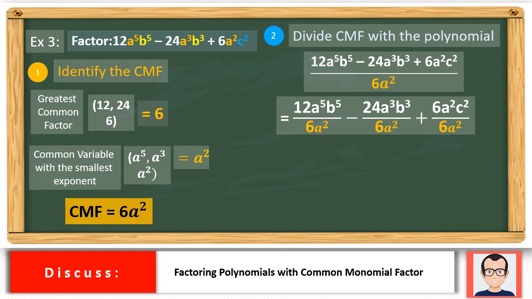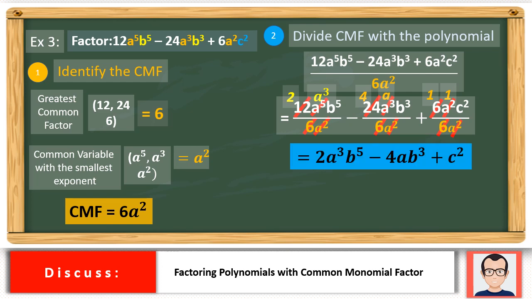For our next step, we work on it by regrouping and then we simplify like terms accordingly. Our quotient will be equal to 2a cubed b to the fifth minus 4ab cubed plus c squared.